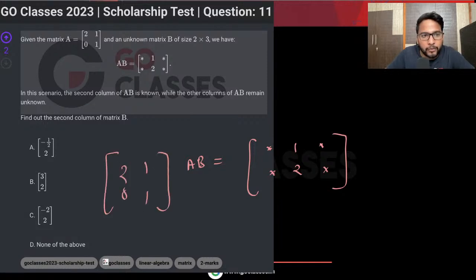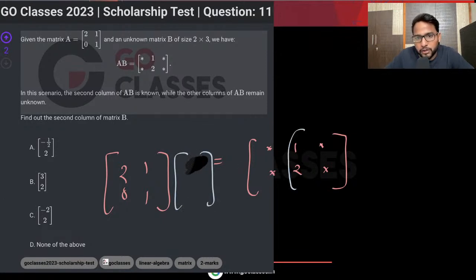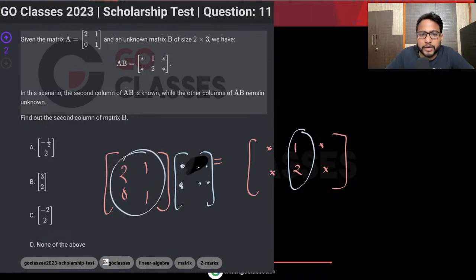And what you need to multiply such that you get this? Can you tell me? So basically, every column here is 2 rows and 3 columns. What you will be doing is taking coefficients from here, and the linear combination of this should get you this.